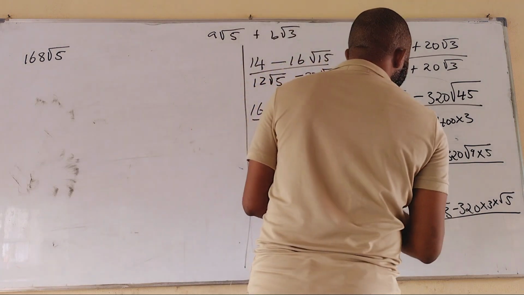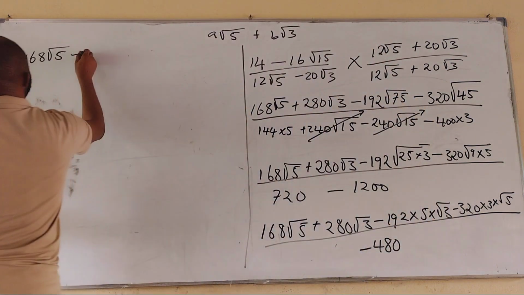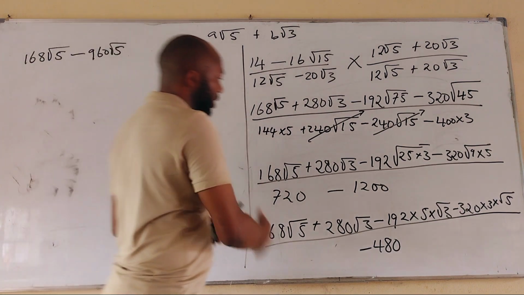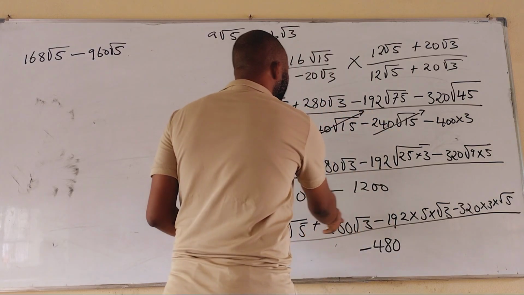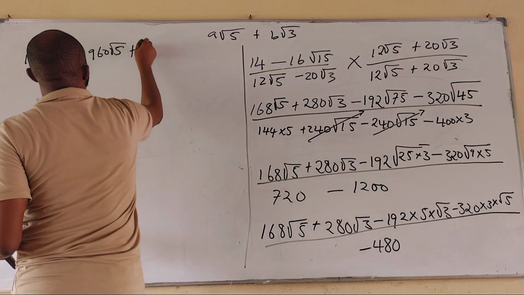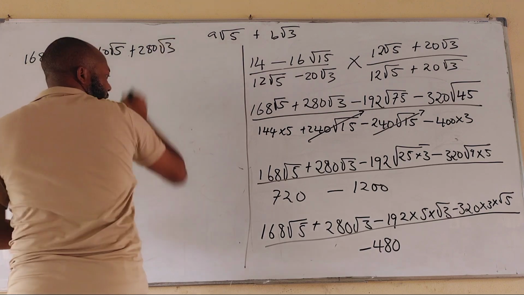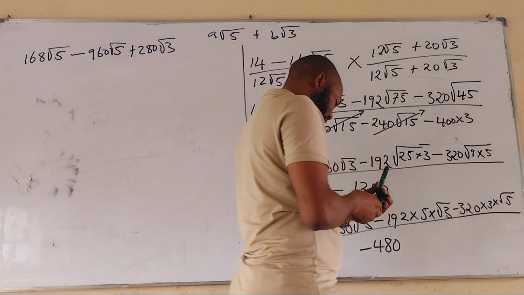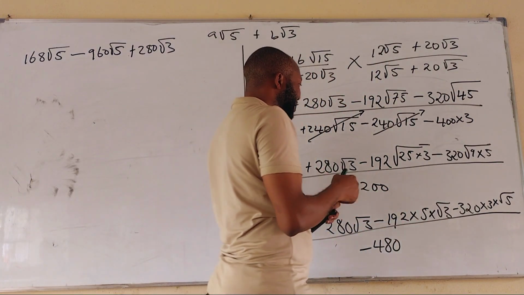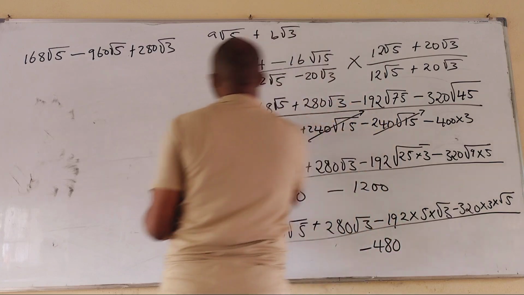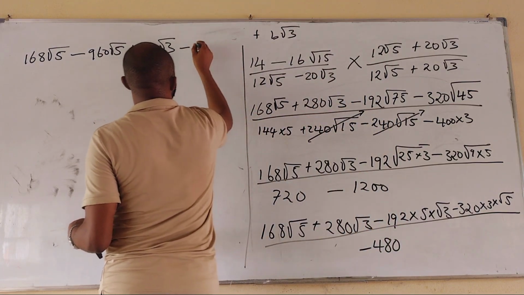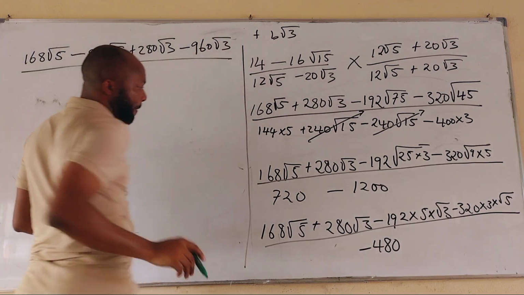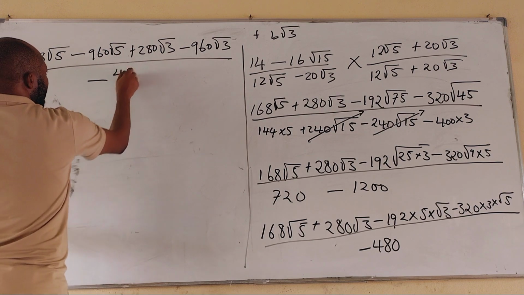Minus 960 root 5. I'm trying to compress it because this side is shorter. Now this is plus 280 root 3. 192 times 5 is 960. So minus 960 root 3. All over minus 480.